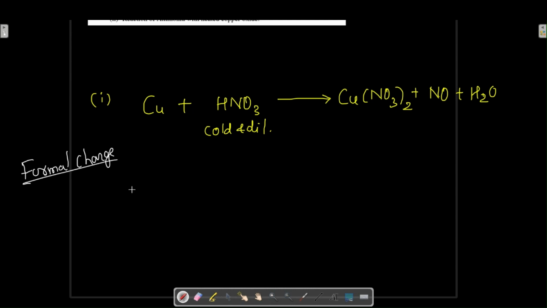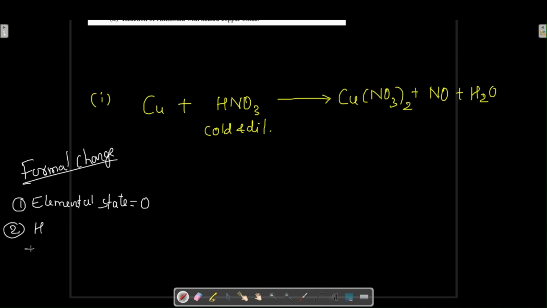You don't need any complete knowledge about this. You just need whatever is required for grade 10. Formal charge is not real charge. We are giving it to make our work easy. So, how to write this? First of all, if there is any atom in elemental state, then straight away you will put its formal charge equal to 0.